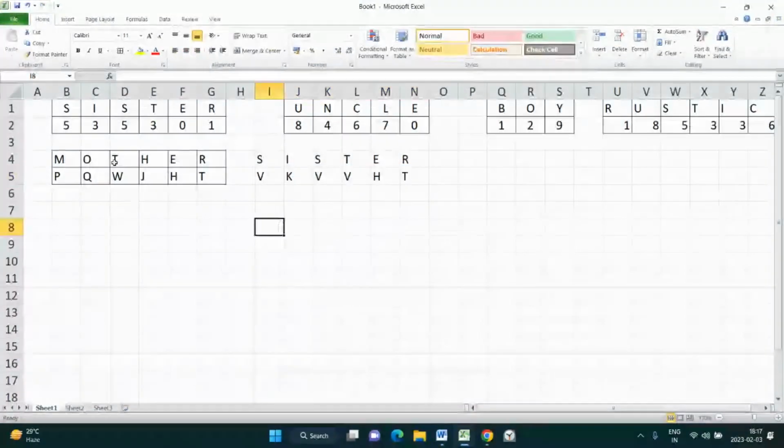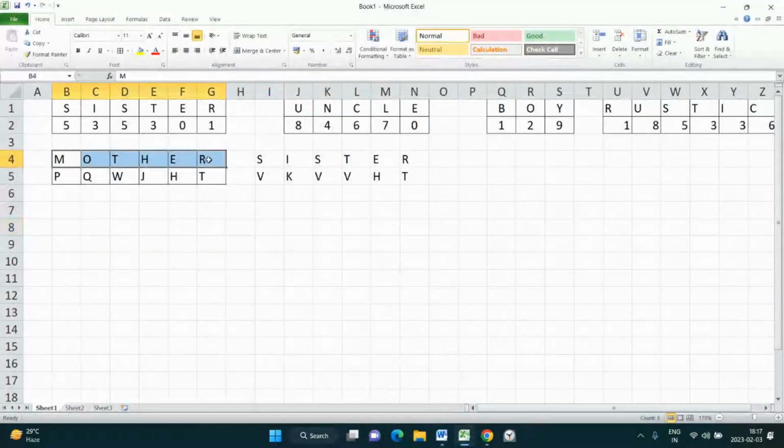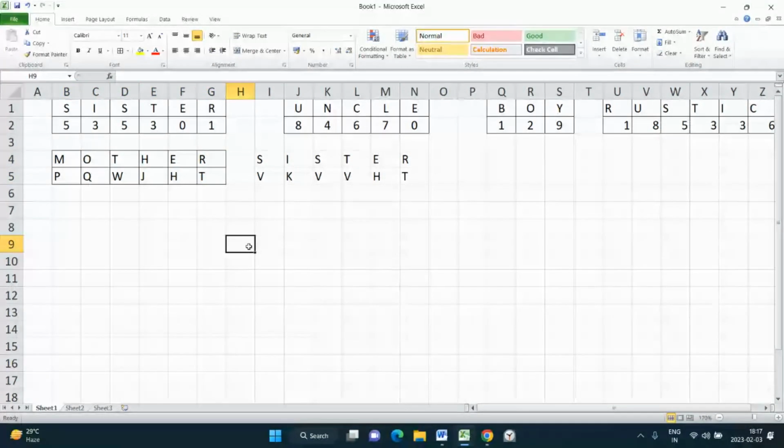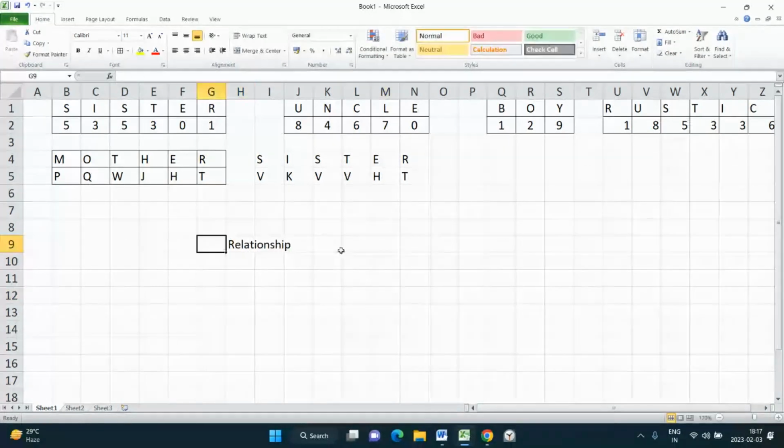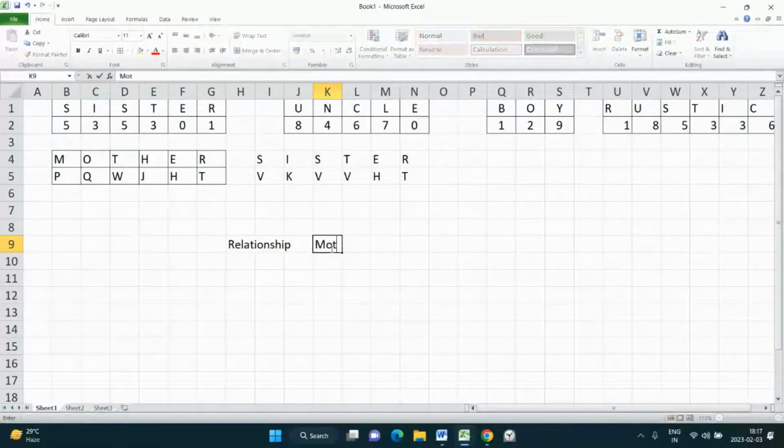The question says mother is encrypted like this. You are storing information, a field called relationship. This relationship is mother.